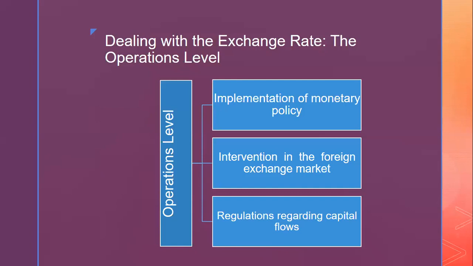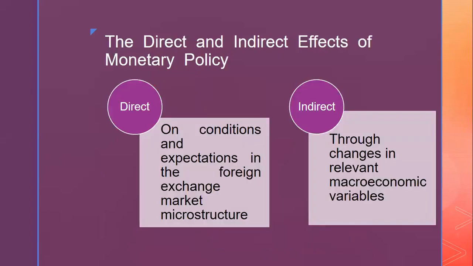They use indirect or direct monetary policy, secondly they intervene in the foreign exchange market, and thirdly they use regulation regarding the capital flows. One by one we are going to discuss these three approaches under the operational level. The first one: direct and indirect effects of monetary policy.